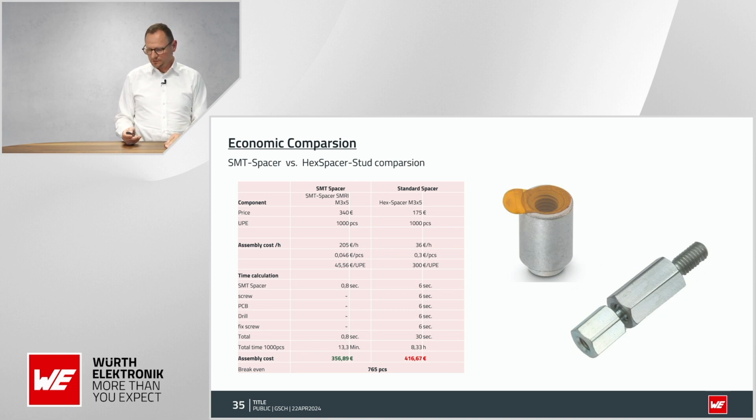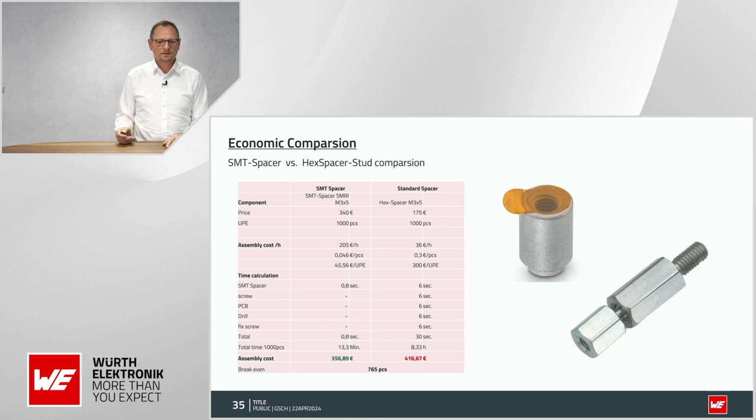So compared to the standard spacers and studs, of course you need the counterpart, you need the screw, you need the PCB, and you need to screw in and so on. At the end it means you will need about 30 seconds for such a connection when a PCB is in between, while the machine still needs only 0.8 seconds.